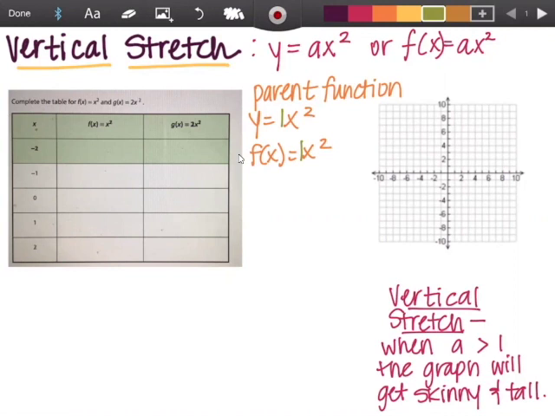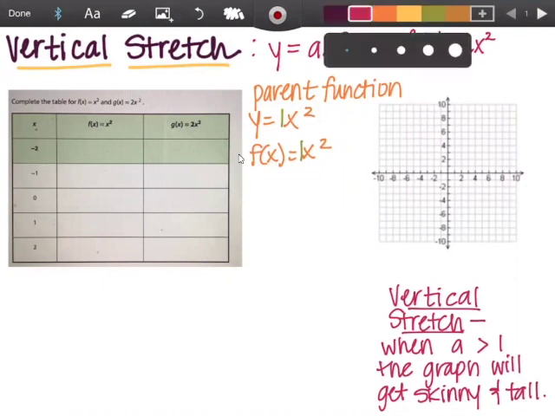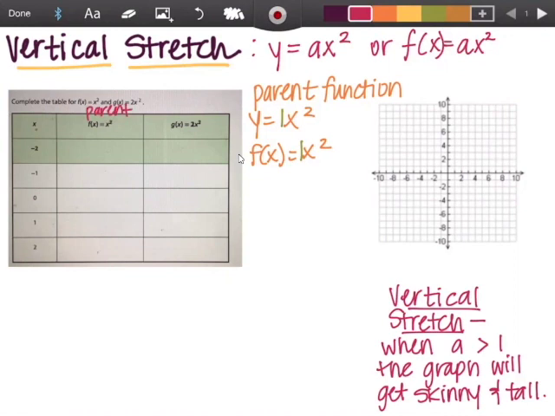So if we look at this table here, we have f of x equals x squared, which is the parent function. This middle table, this is the parent. All right, and then g of x equals 2x squared is the child function. You can see that there is an invisible one in front of the x squared for the parent function, but in front of the x squared for the child function, we have a 2.